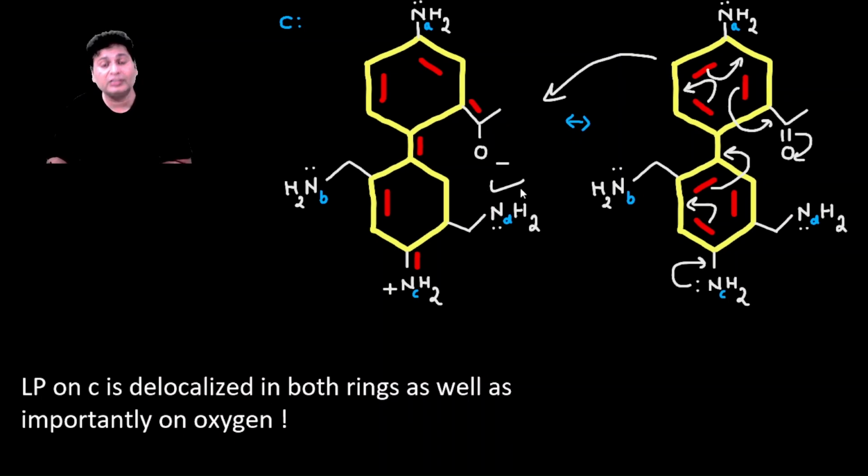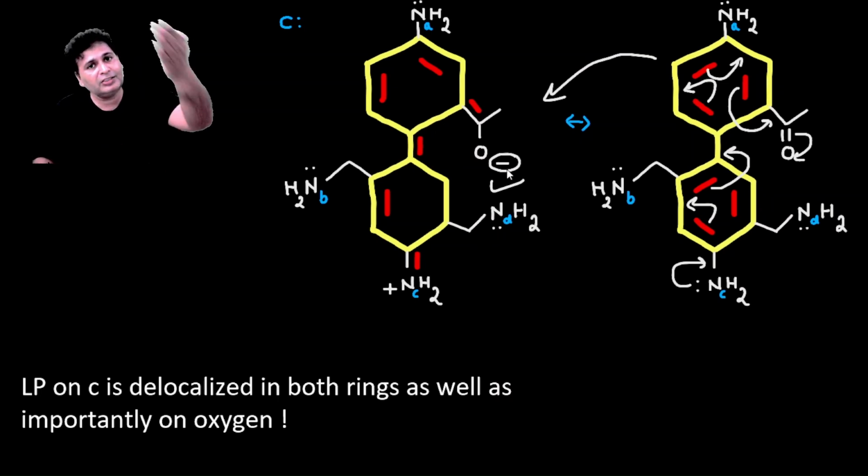This is a prominent structure, because here the minus charge is on oxygen. In other structures the minus charge was borne by carbon. Carbon is less electronegative.